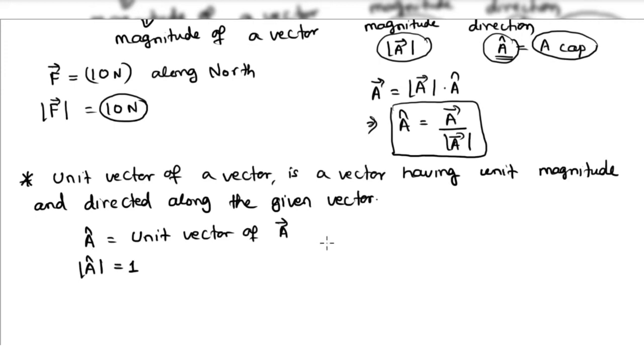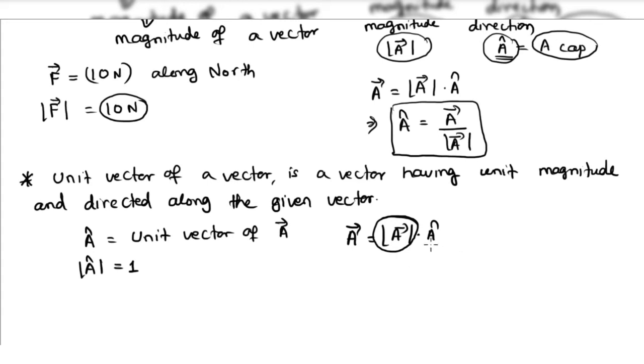Because A vector is written as A vector modulus into A cap, and this A vector modulus contains all the magnitude of vector A. So if we multiply 1 with the modulus of A vector, then we'll get the magnitude.